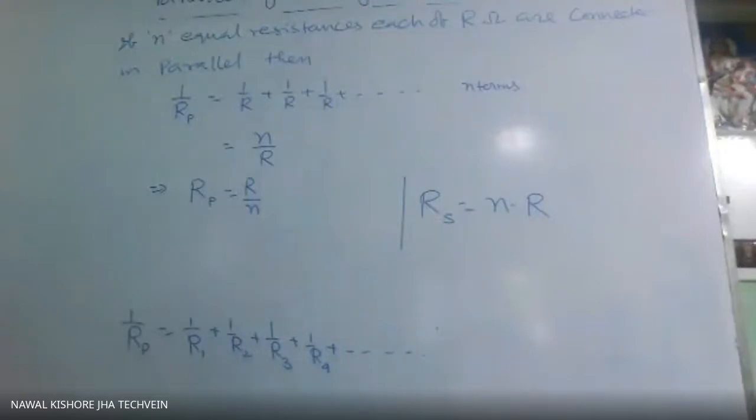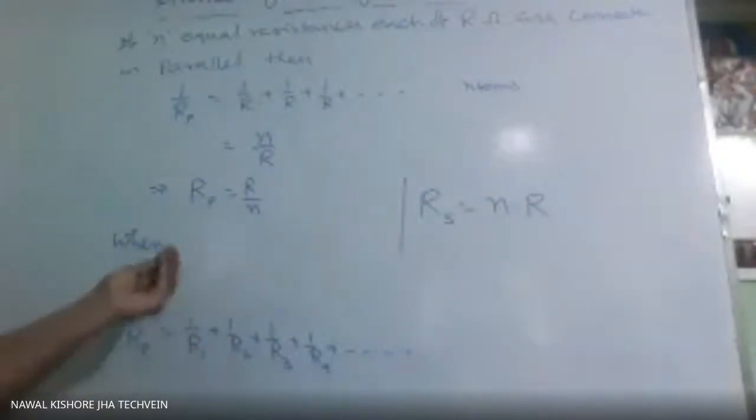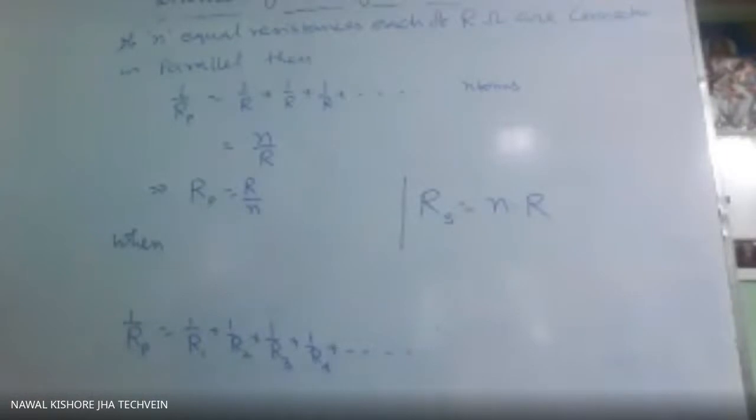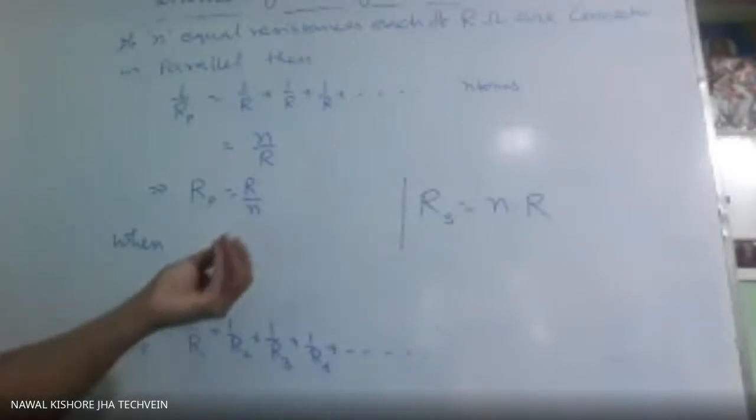So when the resistances are connected in parallel, their equivalent will be less than each of the individual ones. But when they are connected in series, it is more than all of them, and here it will be less than all of them. That is, it will be smaller than the smallest among the group.